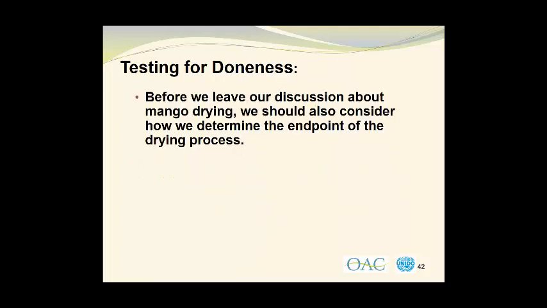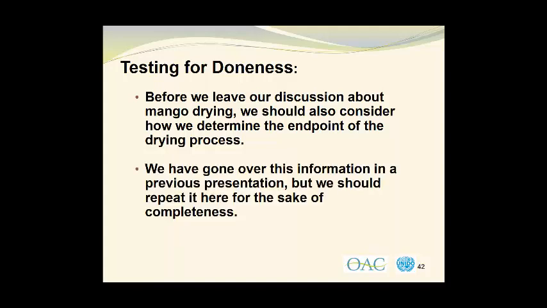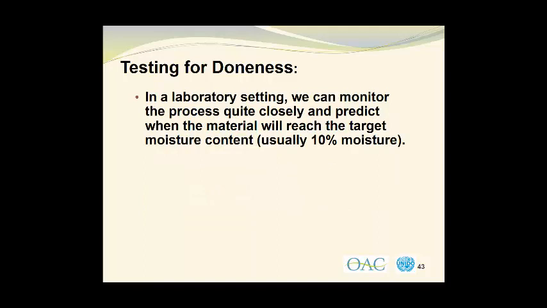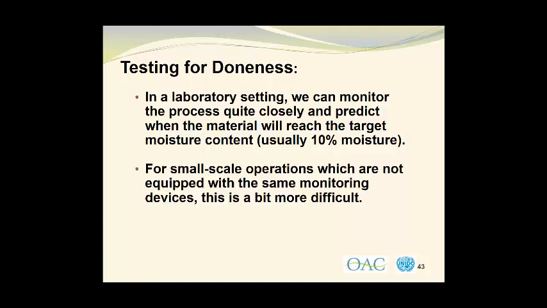Before we leave our discussion about mango drying, we should also consider how we determine the end point of the drying process. We have gone over this information in a previous presentation, but we should repeat it here for the sake of completeness. In a laboratory setting, we can monitor the process quite closely and predict when the material will reach the target moisture content, which is usually 10% on a weight basis.